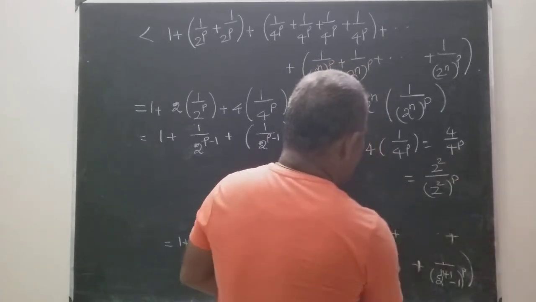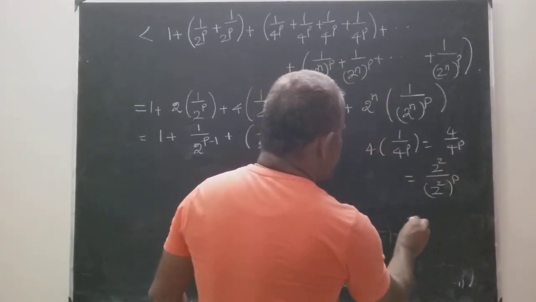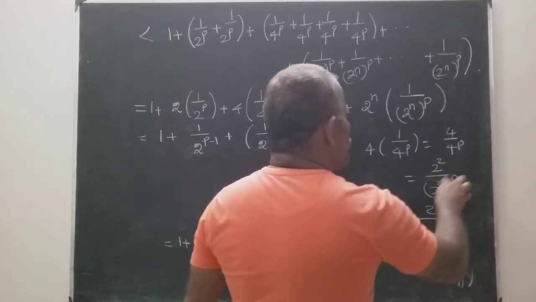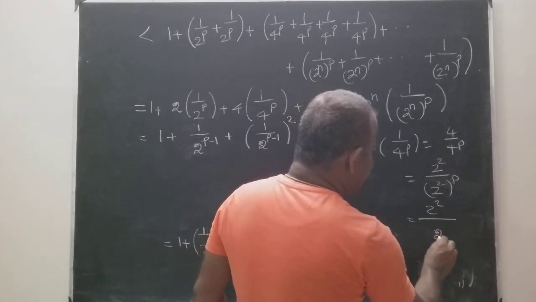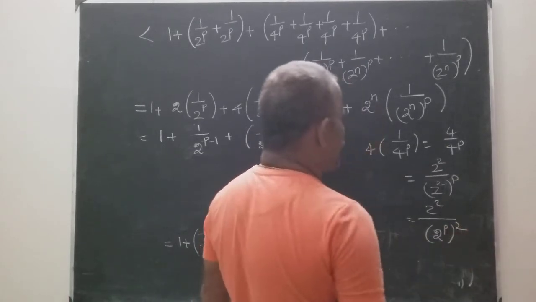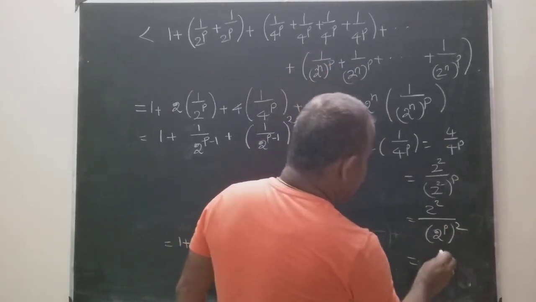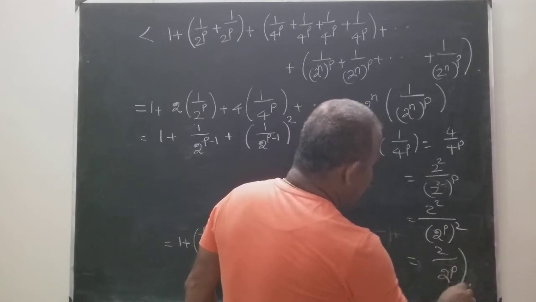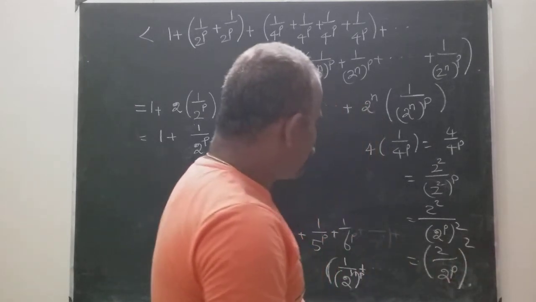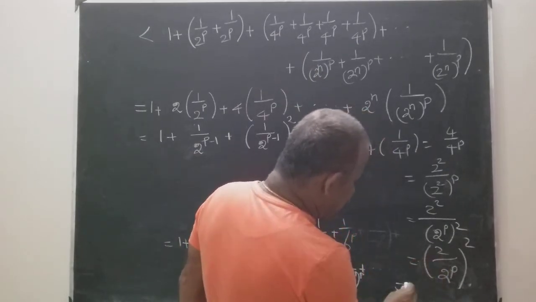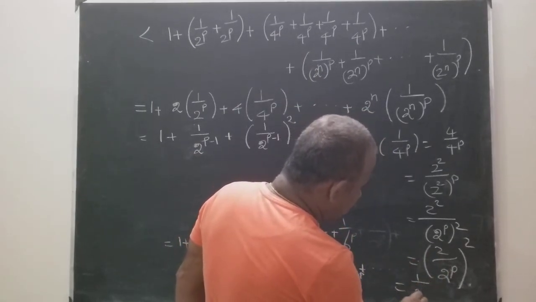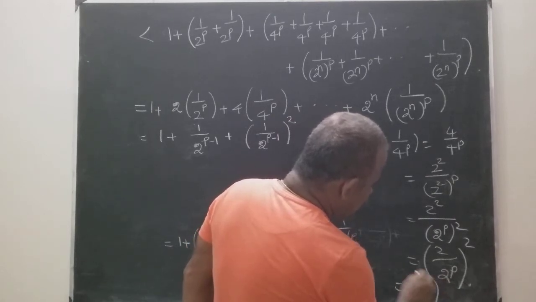Again I can write this is equal to 2 square into 2 power p the whole square. So therefore I can write 2 divided by 2 power p the whole square. Therefore 2 will come in the denominator, so therefore 1 by 2 power p minus 1 the whole square.